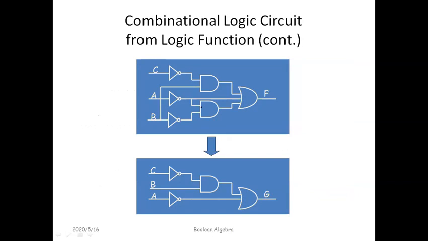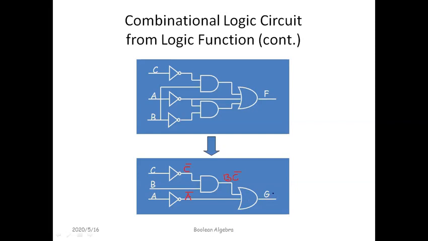This one we already generated. Okay, we'll begin with C. C through the NOT gate gives us C bar. Then here we have B. So B and C bar will give us B C bar. Then A through the NOT gate, the output becomes A bar.